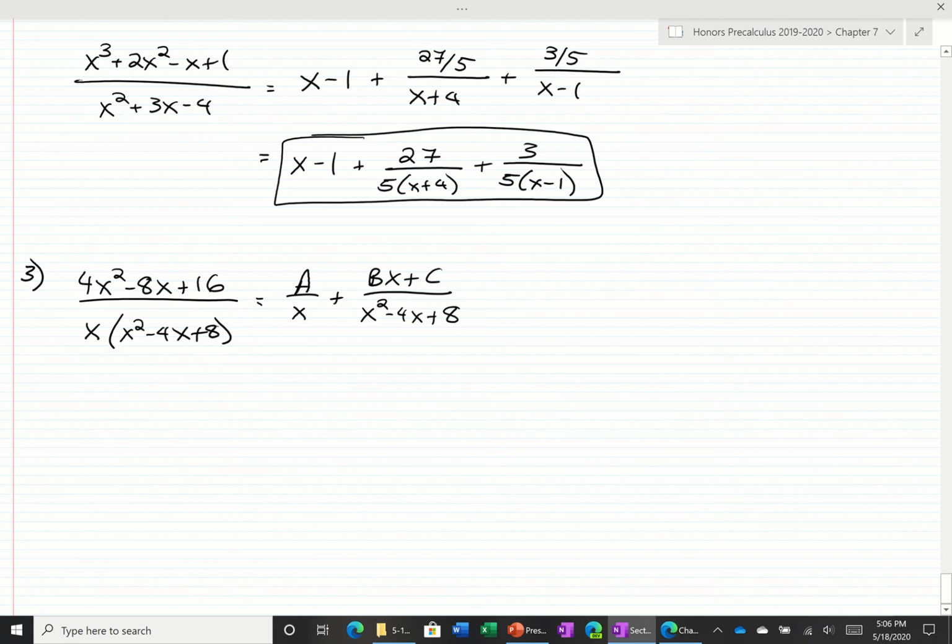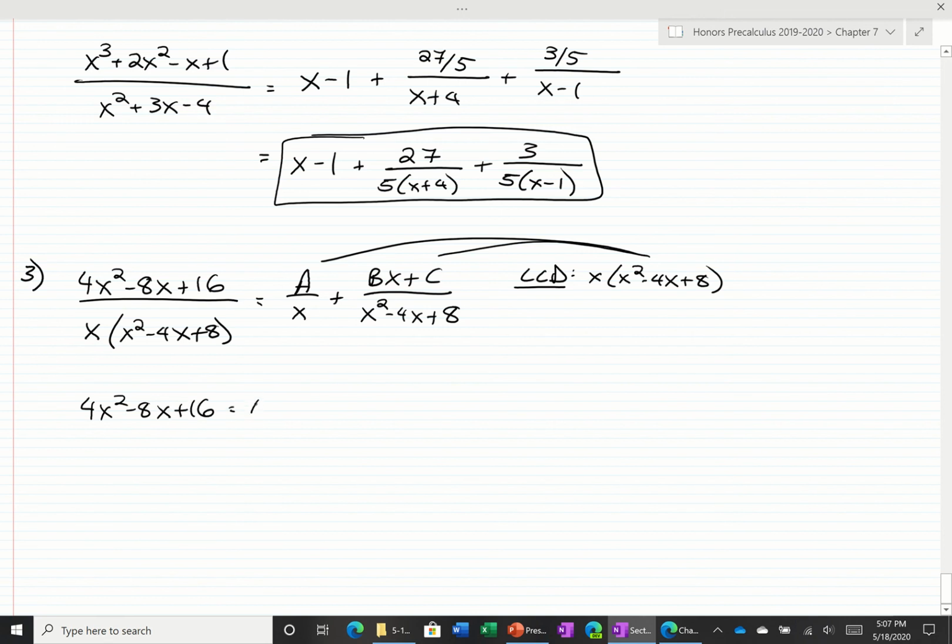All right, and if we multiply by our LCD, which was x times (x squared minus 4x plus 8), we get 4x squared minus 8x plus 16 is equal to a times (x squared minus 4x plus 8) plus (bx plus c) times x.